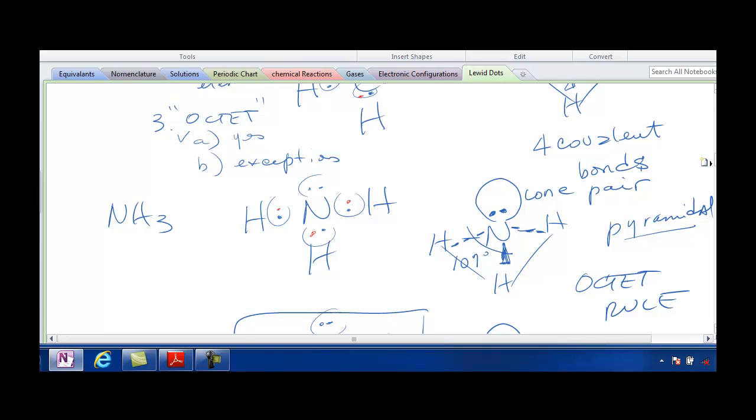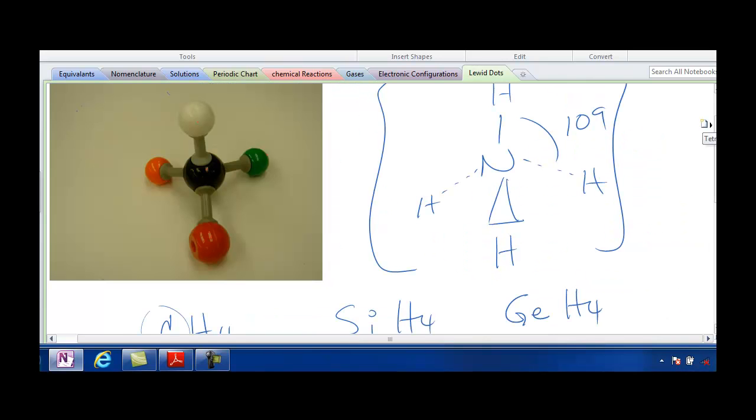Okay. We still have how many electron pairs around the central atom? 1, 2, 3, 4. So we're still thinking 4 electron pairs around the central atom, and these 4 regions of negative density are going to point towards the vertices of a tetrahedron. So for NH3, you have a lone pair where this white one is. This is a lone pair as opposed to having a hydrogen. So you only see the bottom part.